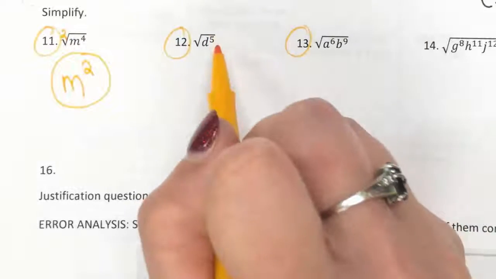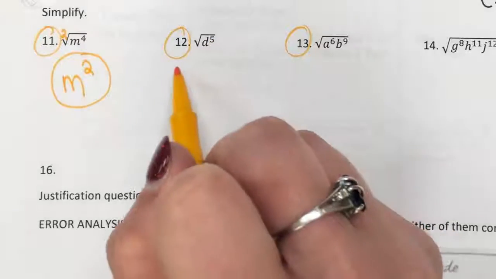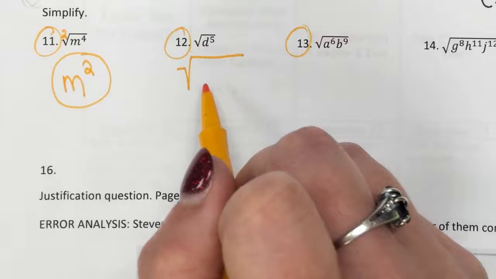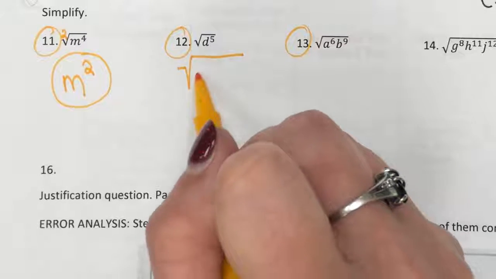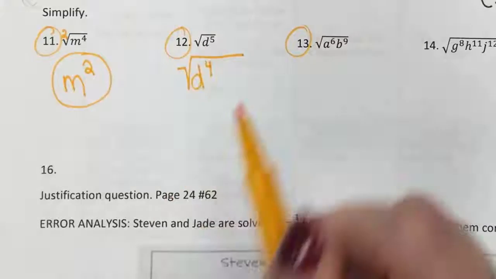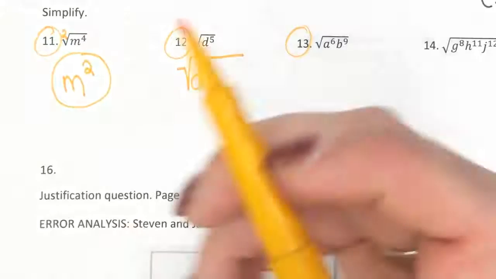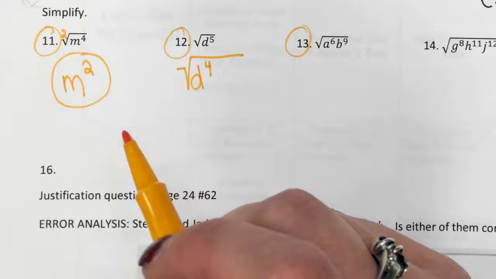And then this one, you can't take half of 5, right? Without it being a decimal. So you have to split it up. What's the biggest even number underneath 5? 4, right? But guys, if you have $5, you can't change that to $4 without being upset, right?